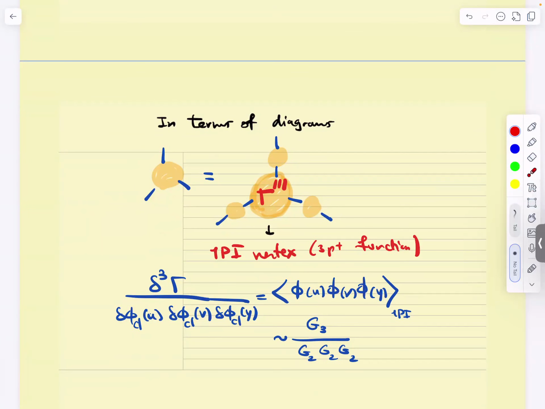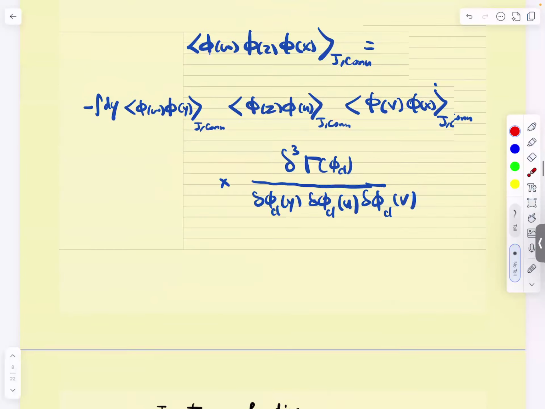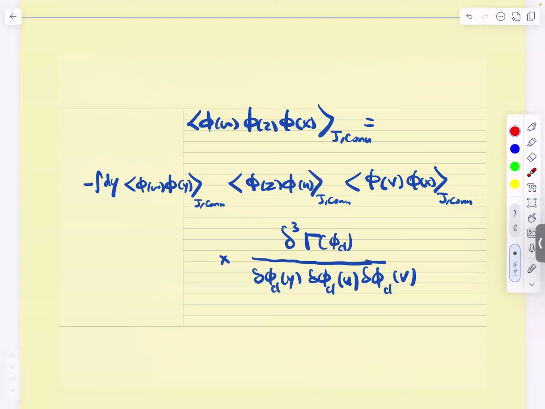What is the left-hand side? The left-hand side is a connected three-point function. What's the right-hand side? Well, this is this part. This is this part. This is this part. This is 1PI.